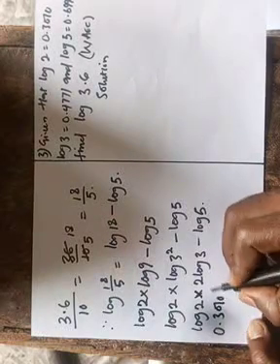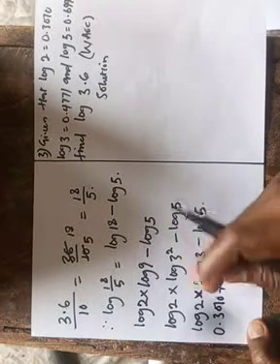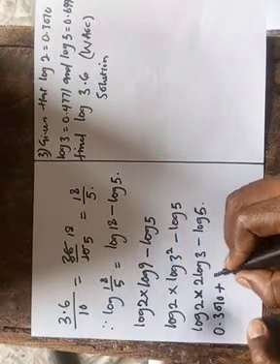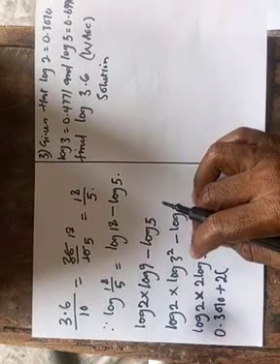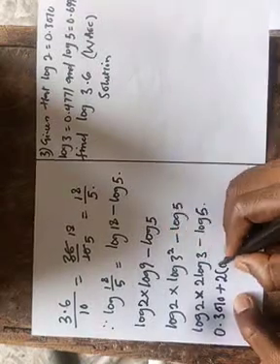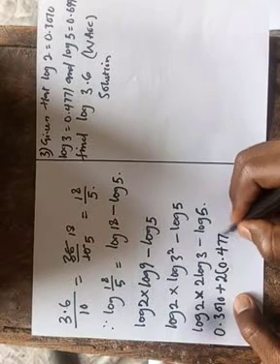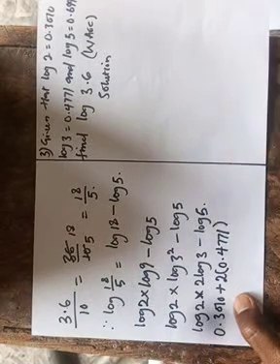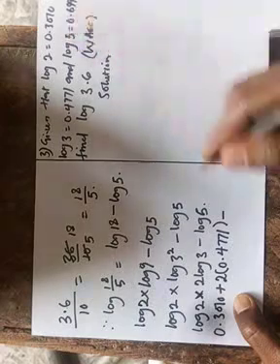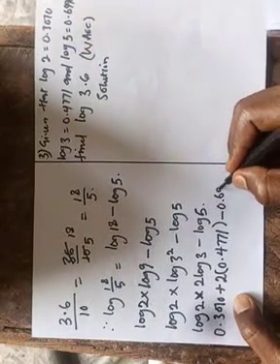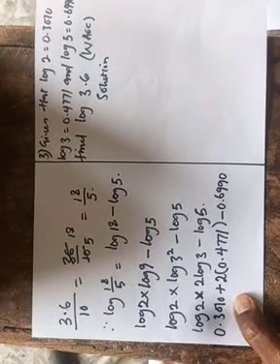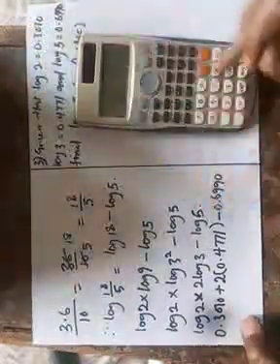So we can have log 2 is given, that's 0.3010, then plus 2 into what? 0.4771, then minus log 5, 0.6990. So now we'll simplify this.